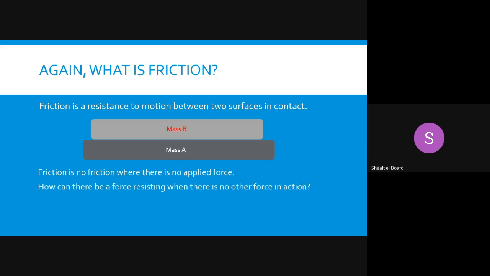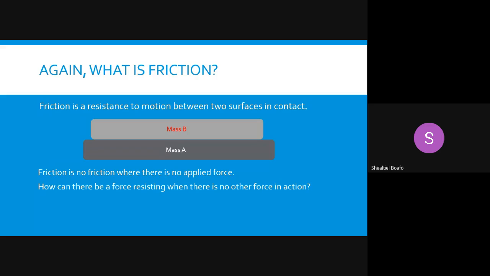So we are saying that there is no friction where there's no applied force. There's no force in action. How can there be a force resisting when there's no other force in action? For example, as you sit on your chair or stand, you can't say you are resisting when there's nobody pushing you. You can't even say you are resisting when you are not falling.